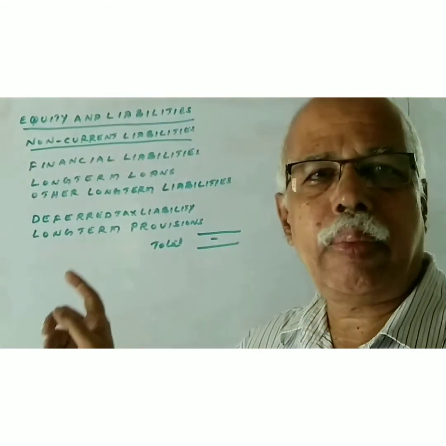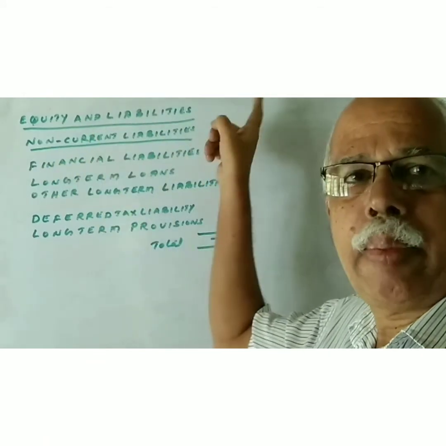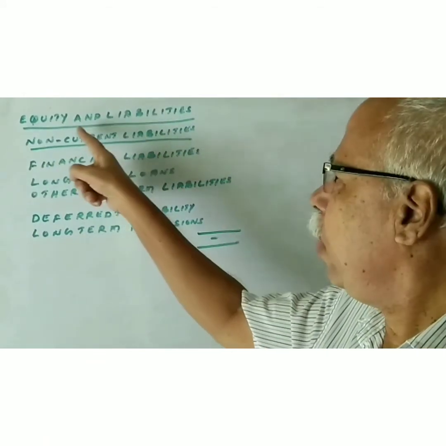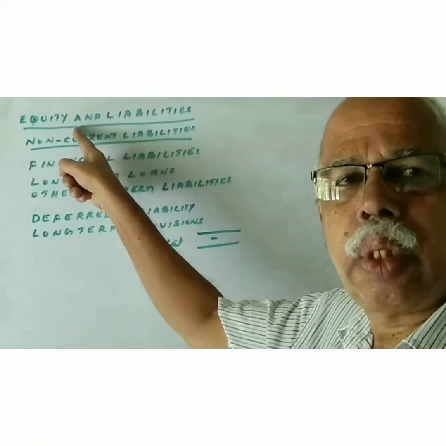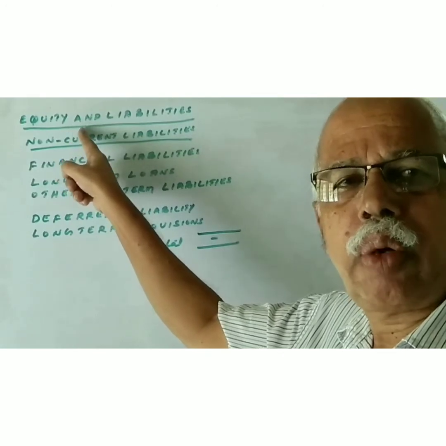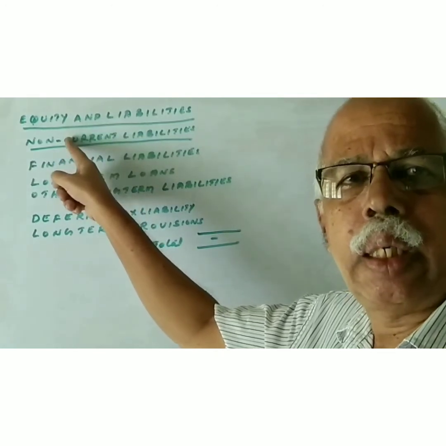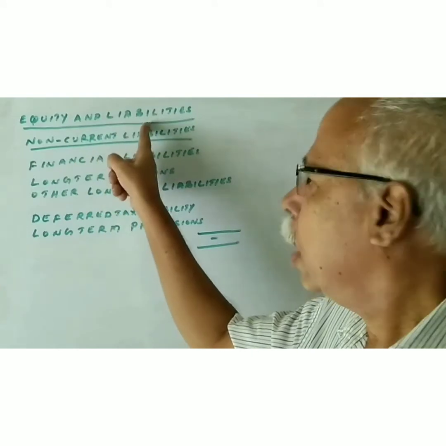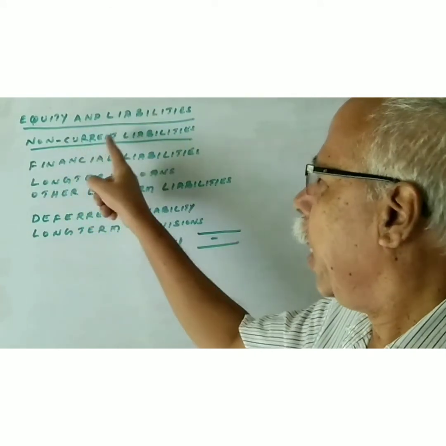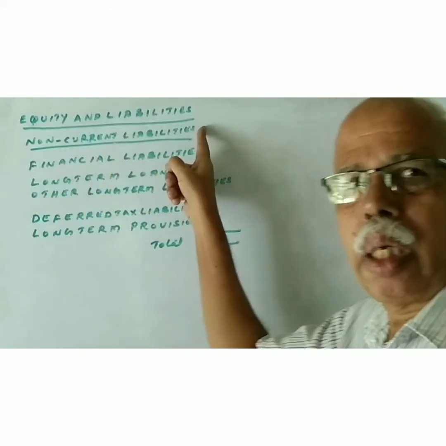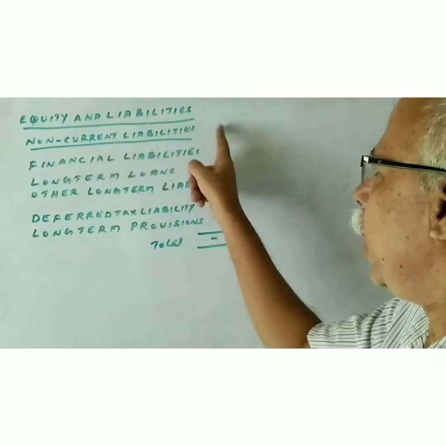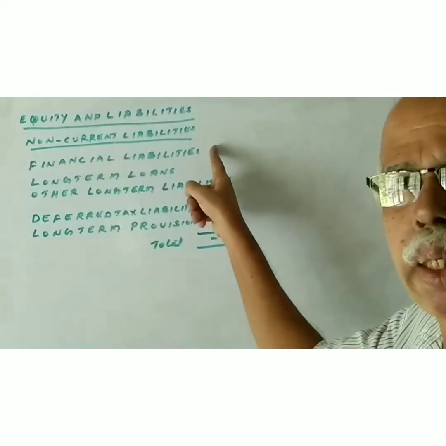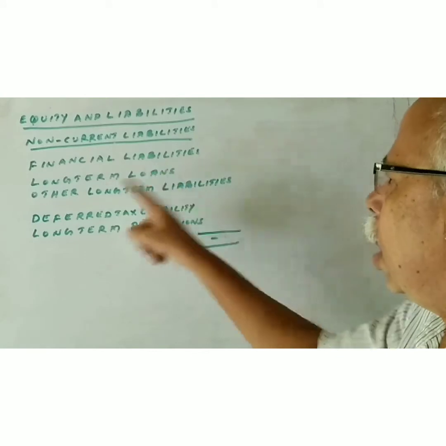After assets come equity and liabilities. Equity will be listed first. Equity consists of share capital, reserve and surplus. Then non-current liabilities. Under non-current liabilities, financial liabilities will be listed first.